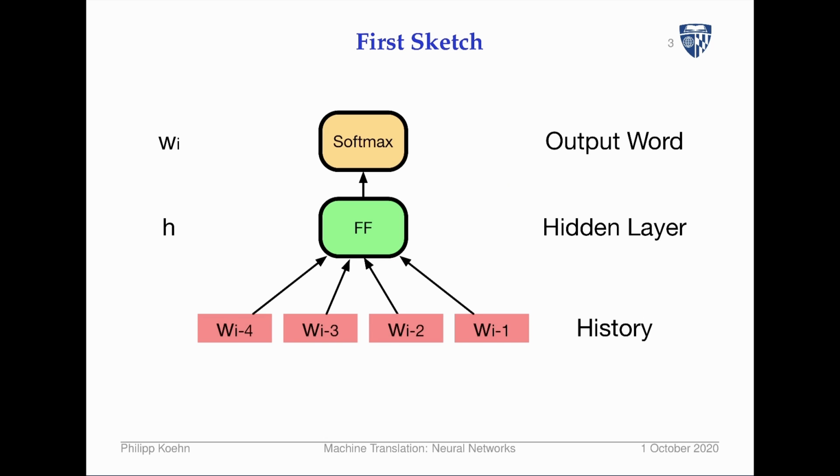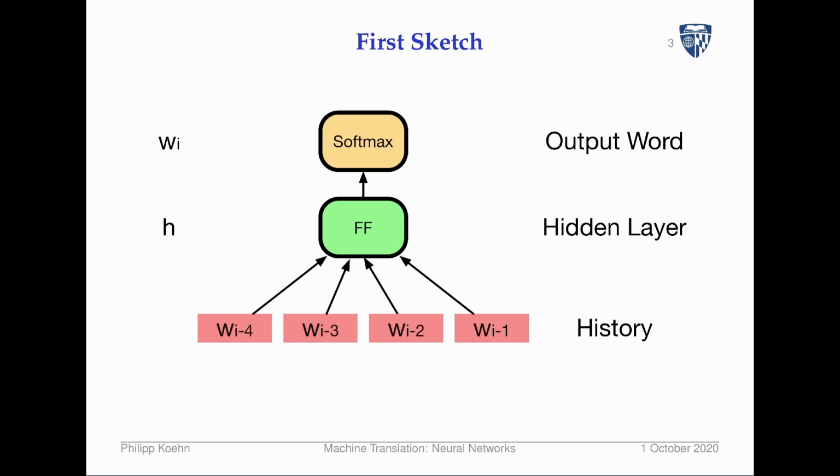How do we represent them? Let's get back to that in a second. We have these input words, we feed them into a hidden layer, and then we make a prediction into the output. We want to predict the probability distribution, and we're going to use softmax, so that hints already a little bit at how we represent words.